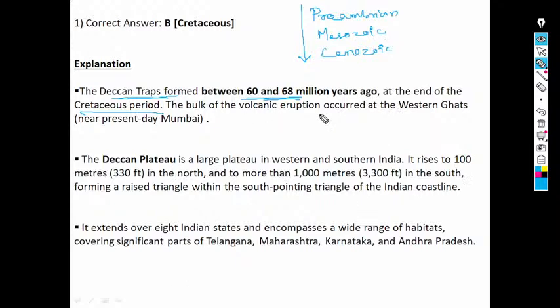The bulk of the volcanic eruption occurred at the Western Ghat, near present-day Mumbai. If I draw a diagram here, it is more accurate.